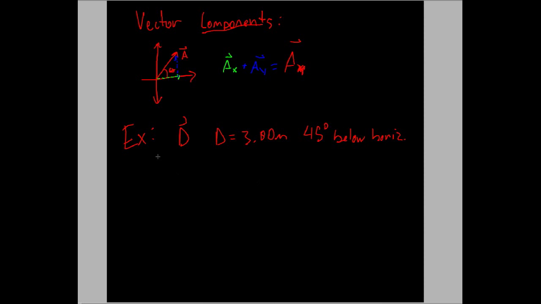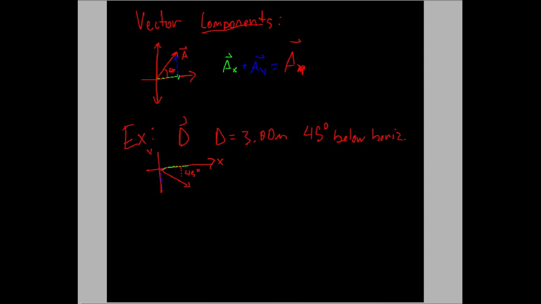So we've got a vector D, and it's coming down from the horizontal at 45 degrees. How do we find our dx component and our dy component?